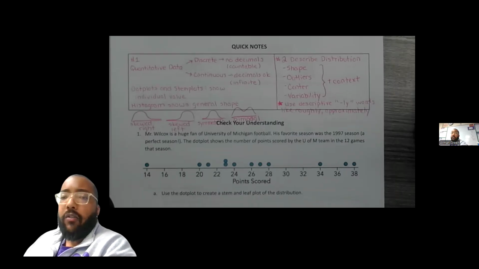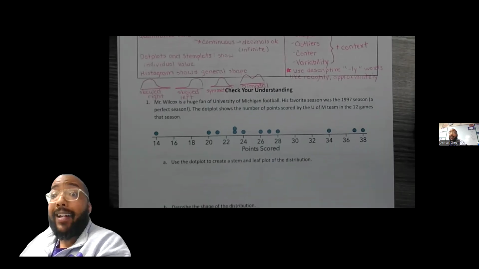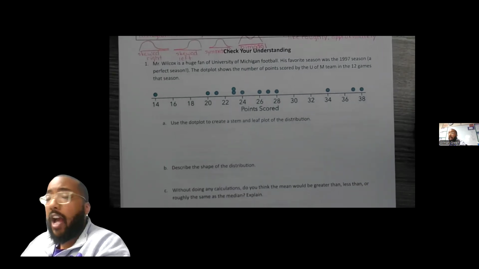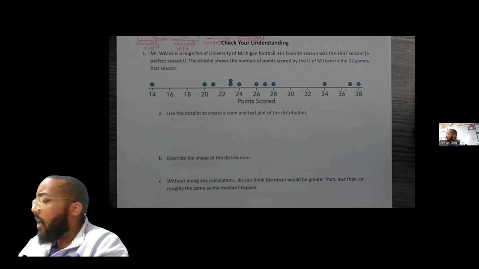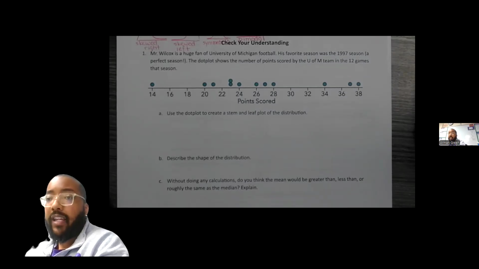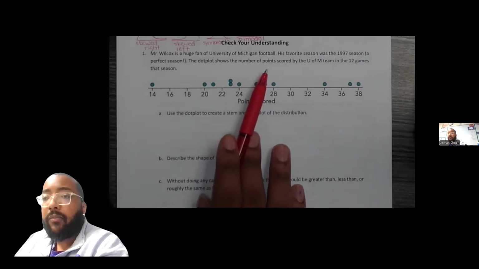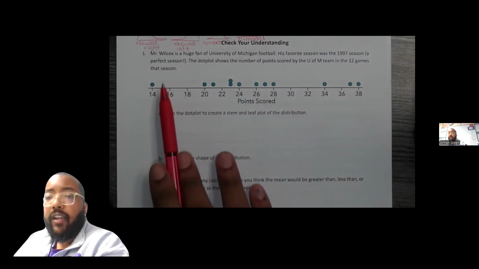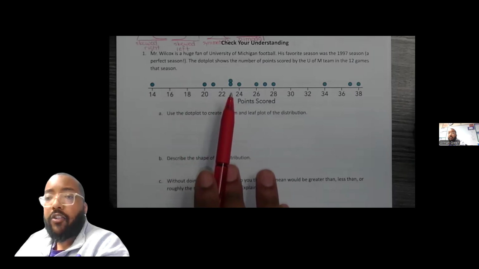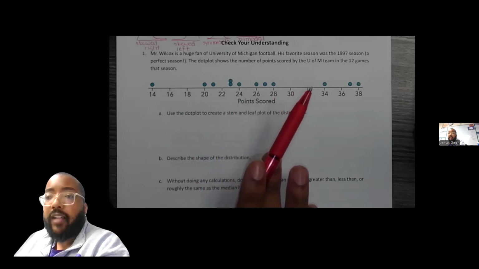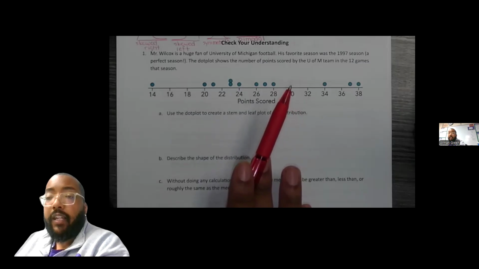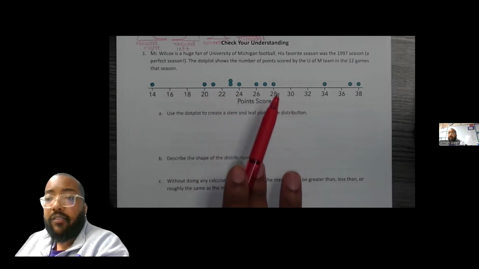All right. Because we just did a lot in this lesson, I'm going to challenge you all to look at this check for understanding at the bottom of page 14. You have a problem here where we're looking at the University of Michigan football team from 1997, and you have a dot plot that shows how many points that team scored in all their 12 games from that season.